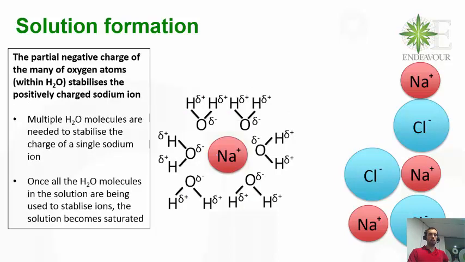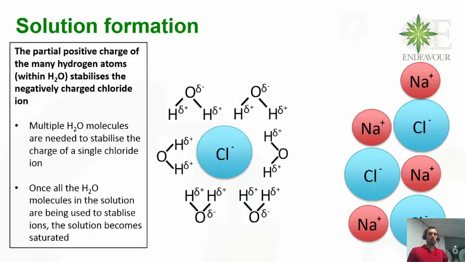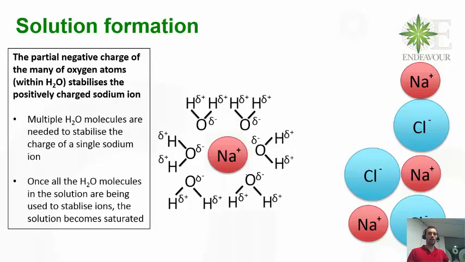So we can see in these two representations that we have the partial positives stabilizing the negative charge of chlorine, and here within the water molecules, we've got the partial negatives of the oxygen stabilizing the sodium there.